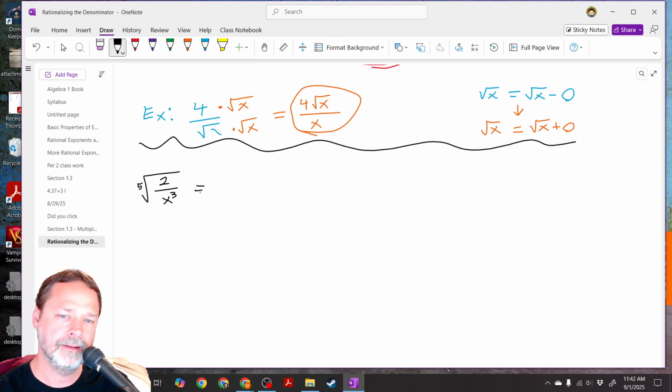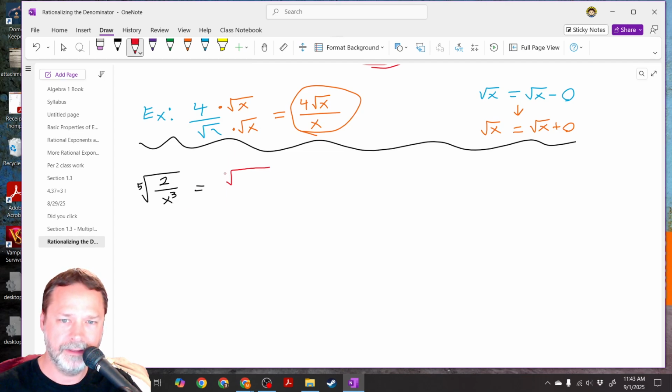Let's get the denominator and the numerator clear, right? So we have this property that we can split this root up between the numerator and denominator. So I'm going to rewrite that first things first so that I can focus on my denominator only. Because right now it's stuck in this root. The whole fraction. I can't just look at my denominator. So we got the 5th root of 2 over the 5th root of x cubed.